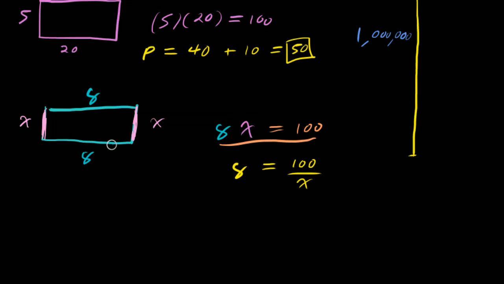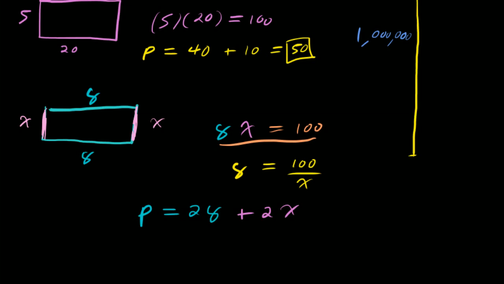And now let's also figure out what our perimeter is going to be for this entire figure. Well, we've got 2 of these X segments, and we've also got 2 of these Y segments. So let's call this P. P is going to be equal to 2Y plus 2X. So we've got each of these segments, and now we've also got Y explicitly defined in terms of X. So let's just go ahead and plug that into this equation.